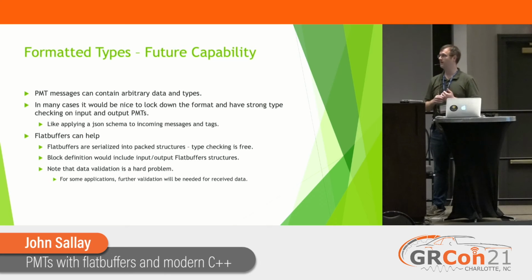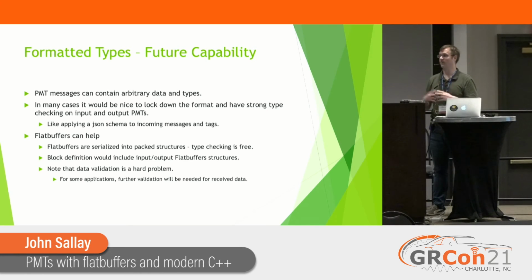And so going back to the example from earlier, if I need to read the time tag from a data stream, I want to know that I have an unsigned 64-bit integer and a double value that represent what I want. Right now, there's no way to specify that that's what you want, and you need to do the data validation yourself.